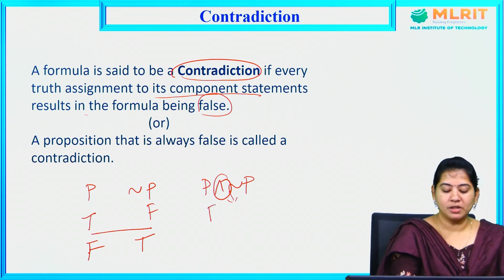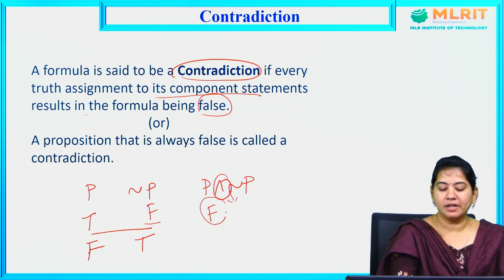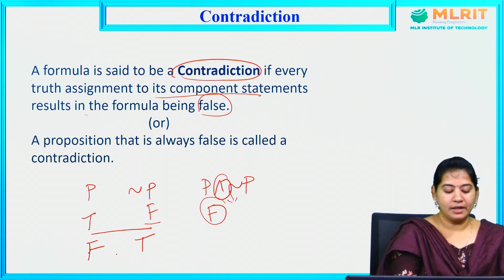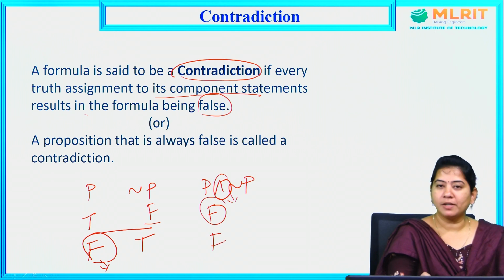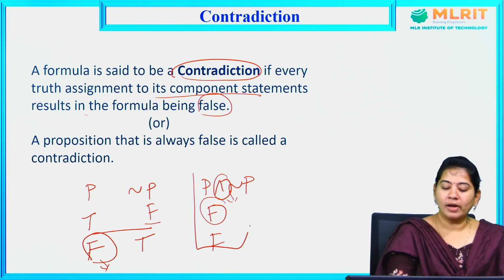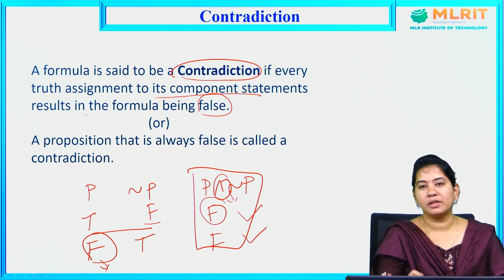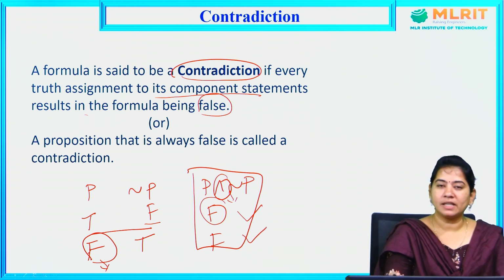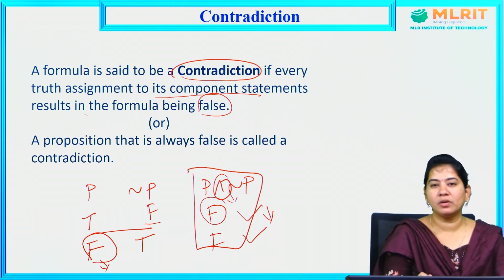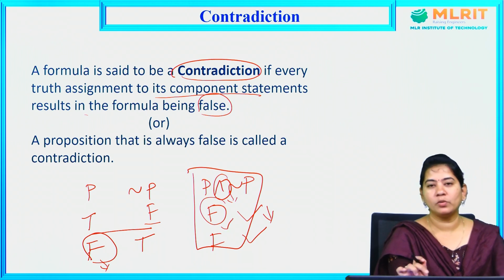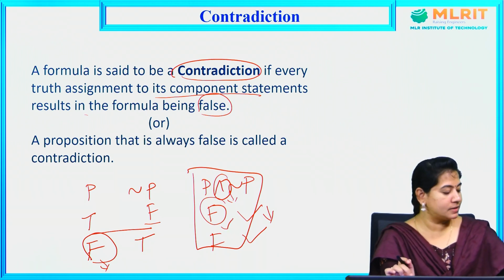So as we have a false statement in each row, the resultant truth value will become false. The resultant truth values are all false statements, that's why this is called a contradiction. On the whole, a statement formula is said to be a contradiction if all the resultant truth values are false.